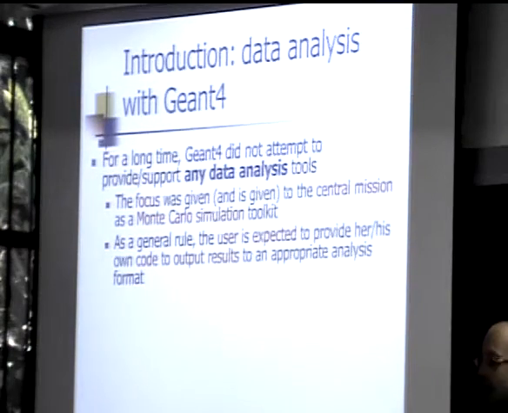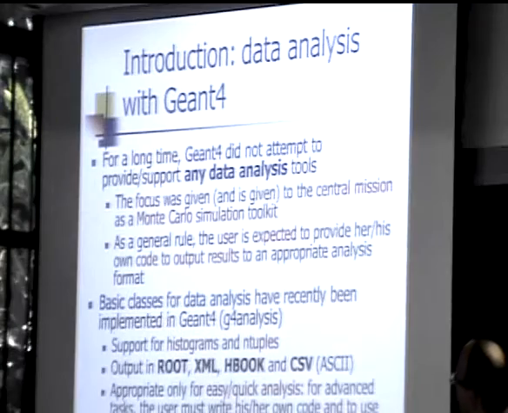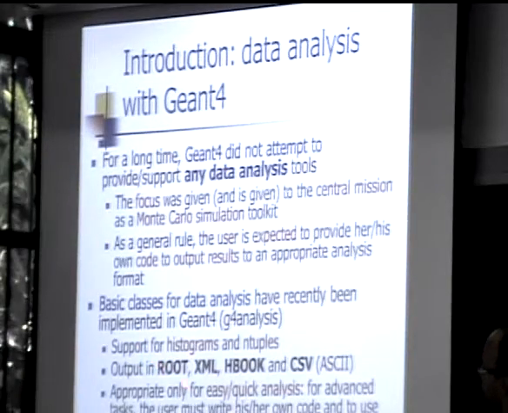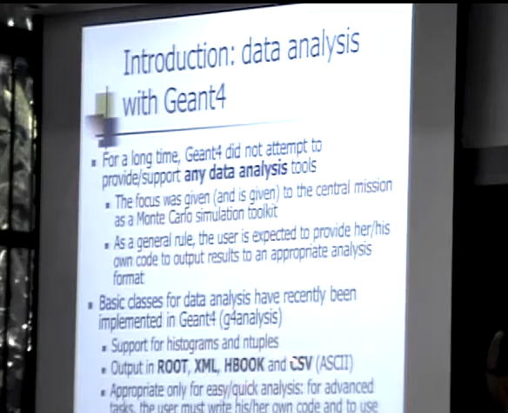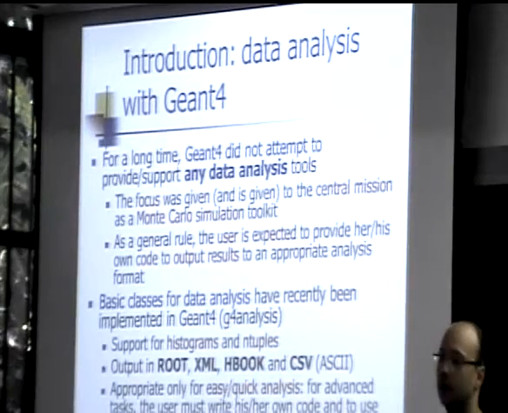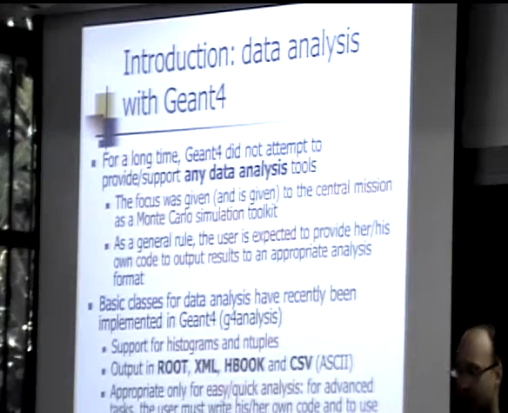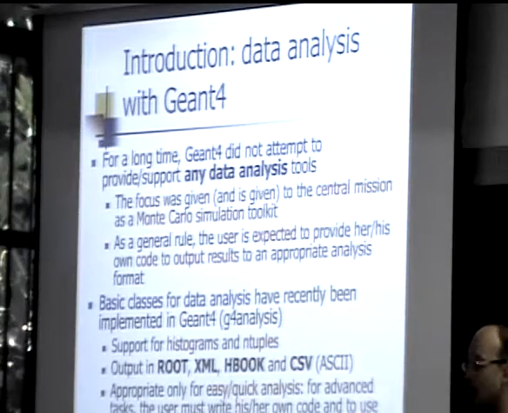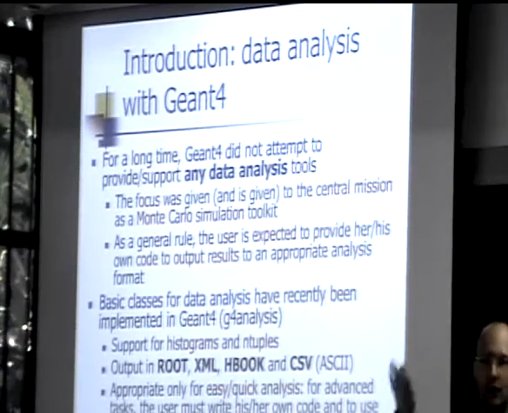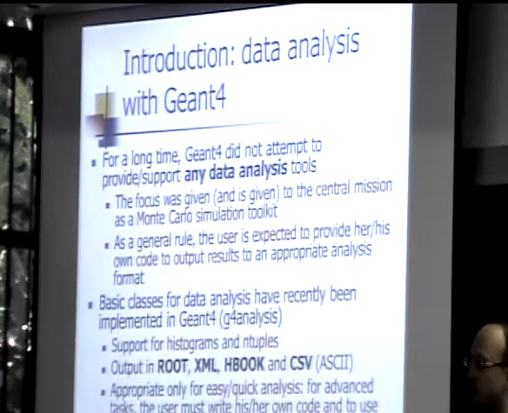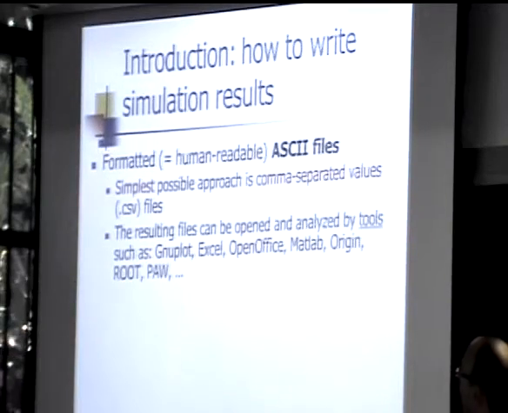So now you can also write some kind of output format. Still, GEANT4 is providing some basic method for analysis in which you can write output in a root format, XML, HBook, or ASCII, so comma separated, which you can read also with Excel. So this is appropriate if you want to do something which is very quick. In my case, I wanted to do just an histogram, an energy spectrum, so it was perfectly fine with me.